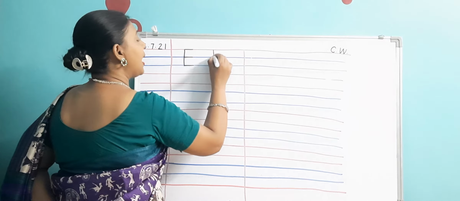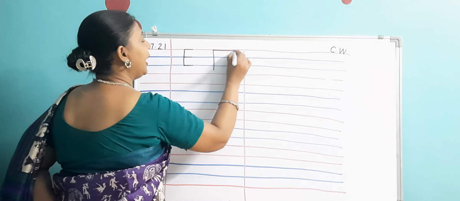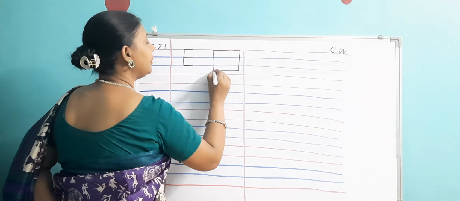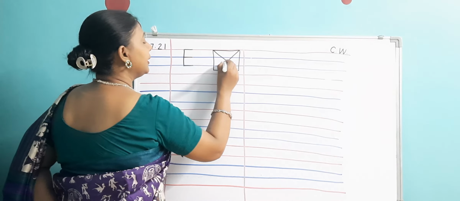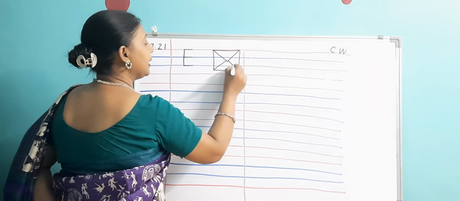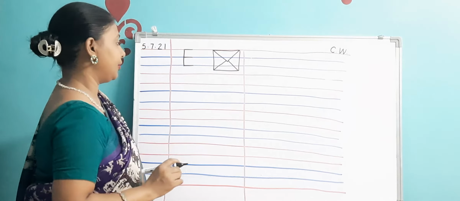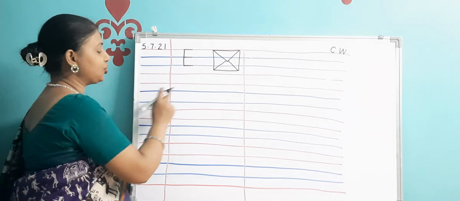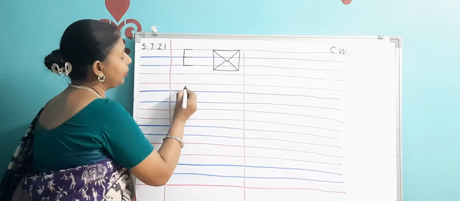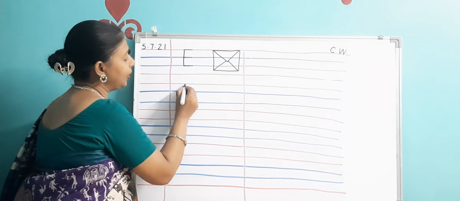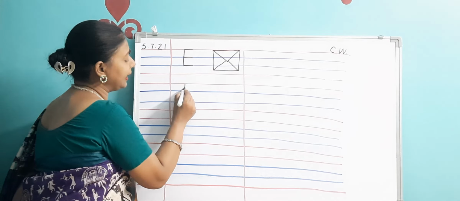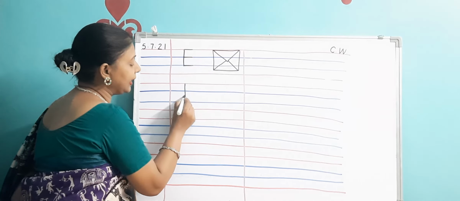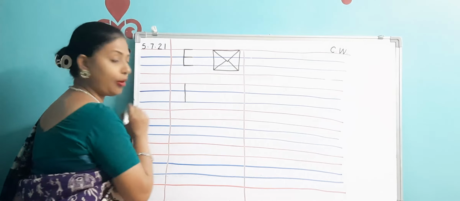E for envelope. I will draw an envelope over here. The postman brings the letters in this envelope. Okay, this is an envelope. Once again watch, come to the next line. Again from this first line, red line, you will draw a standing line, come to the second line, then 3rd line and stop.